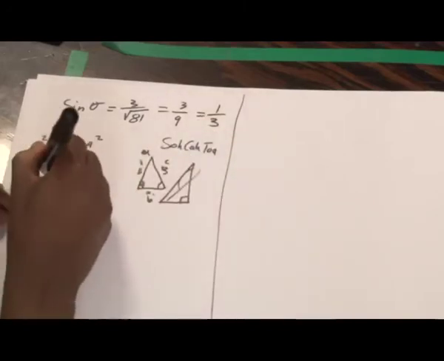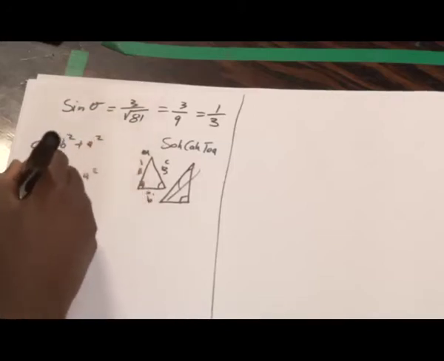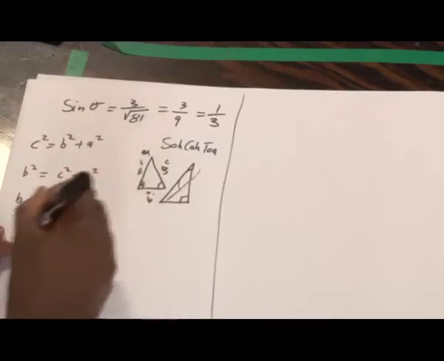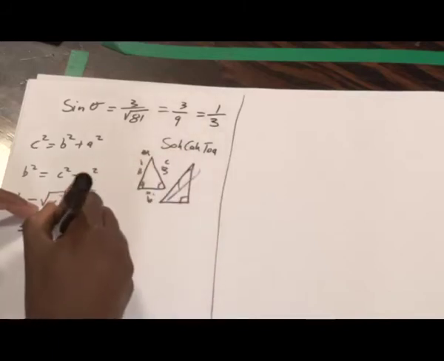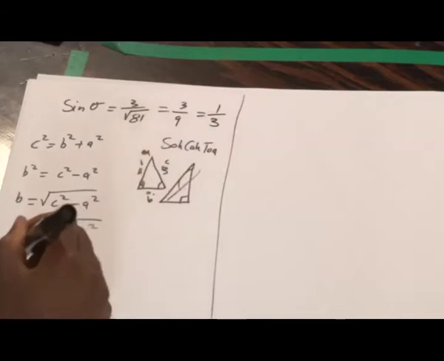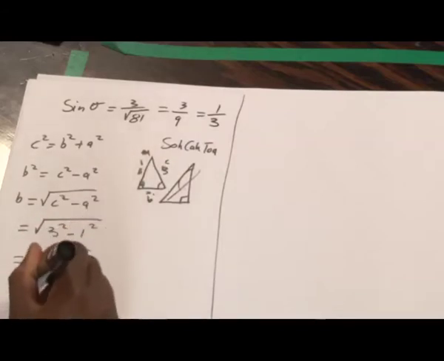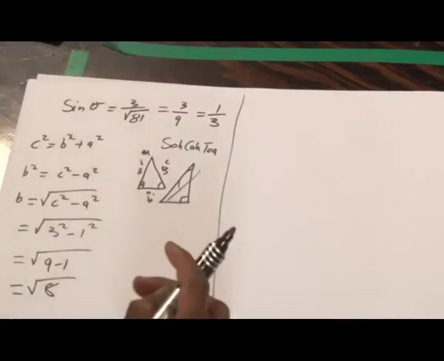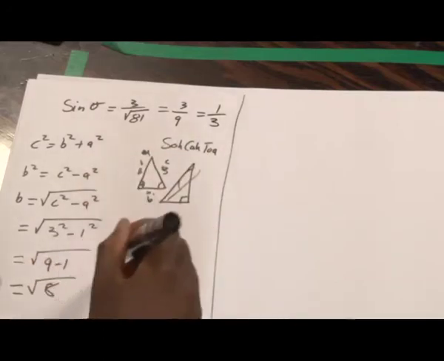B squared will then be C squared minus A squared, which now B is equal to the square root of C squared minus A squared. What is C? C is 3. 3 squared minus what's A? A is 1. 1 squared. So we have the square root of 9 minus 1, which is the square root of 8. If you want, you can put that in decimal expression.